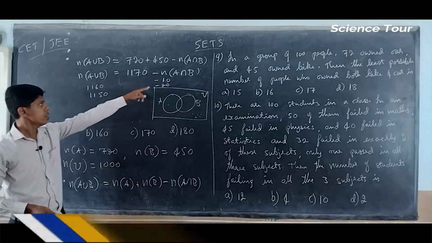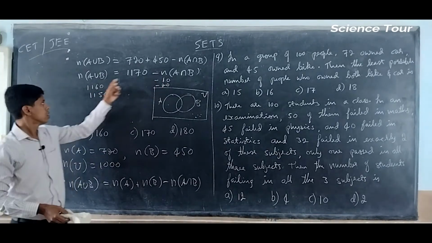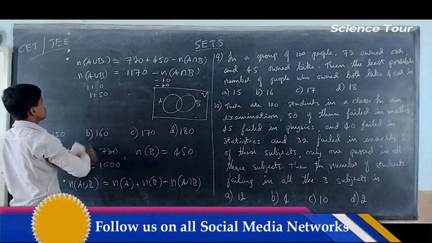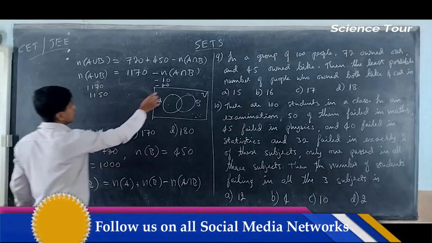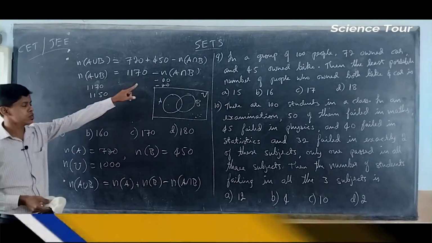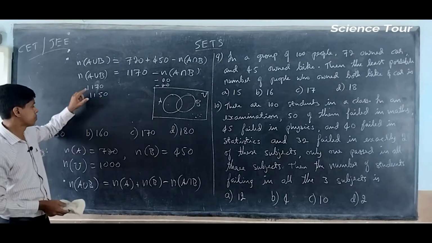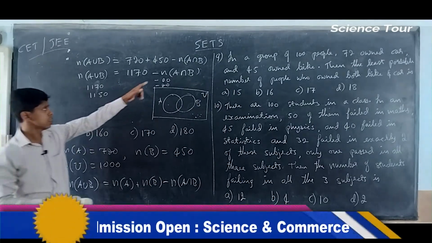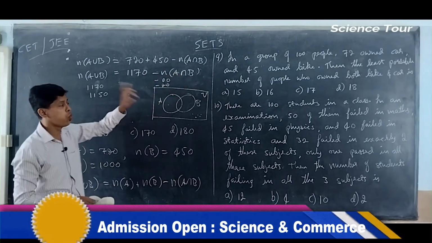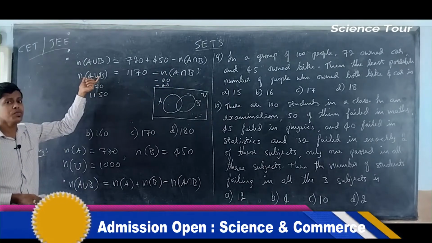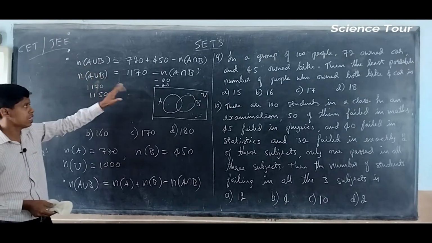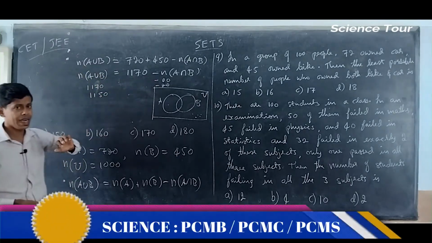So when this is least, if this is maximum, see, if this is 1170, then this will be 0, minimum, least possible. But understand, what I am trying to say is, n of A intersection B is least when n of A union B is highest. Are you understanding that? Because we are subtracting here, we are not adding.